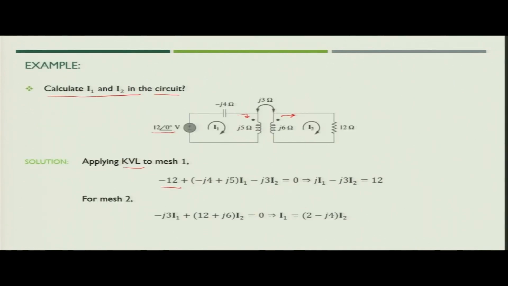So, using KVL you can solve circuits where you see these kinds of magnetically coupled coils. The important thing to remember is how you will find the polarity of the mutual voltage.